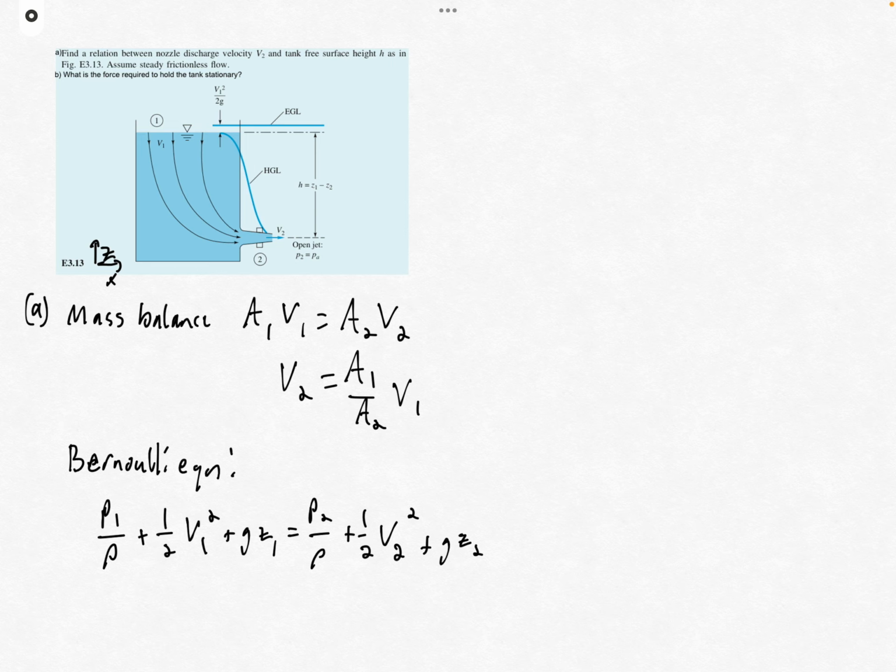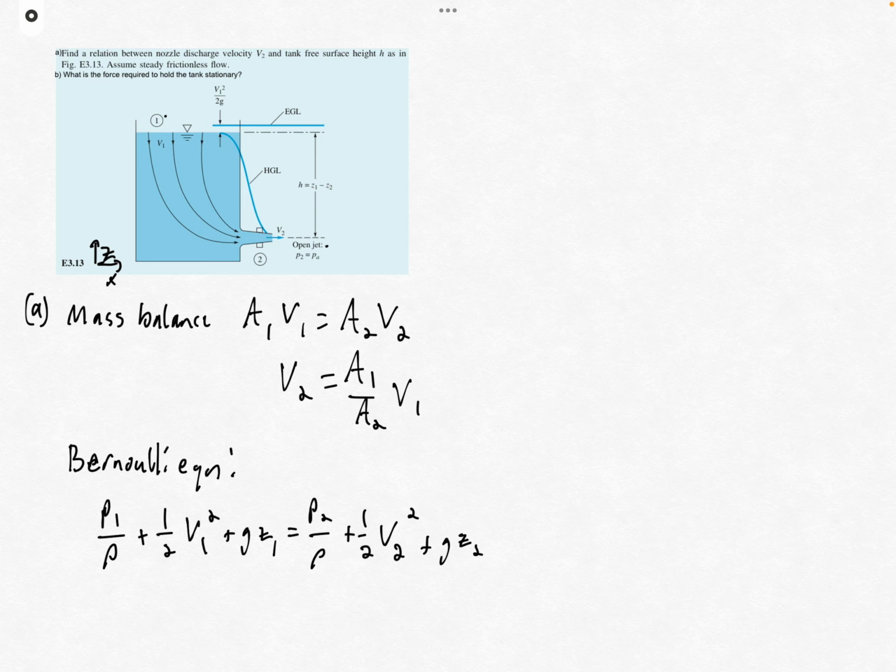Now, at surface 1, we know that the pressure there is atmospheric pressure. Right? This is just the free surface of a liquid in an open container. And now at surface 2, we have an open jet, and we know that for an open jet, as long as it's subsonic, the pressure there is also atmospheric.